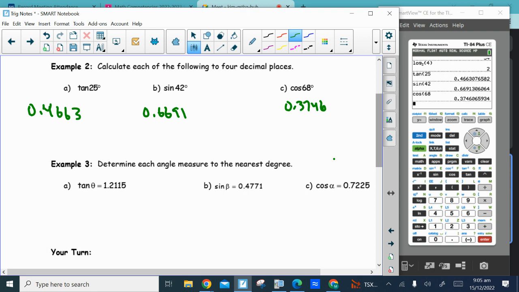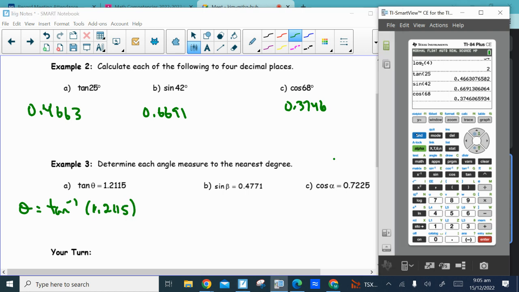If we're told the tan of theta is 1.2115, and you want to know what theta is, theta can be found by going tan to the -1 of 1.2115. So you're going to go second function tan in your calculator, and then you're going to type in that decimal, 1.2115.